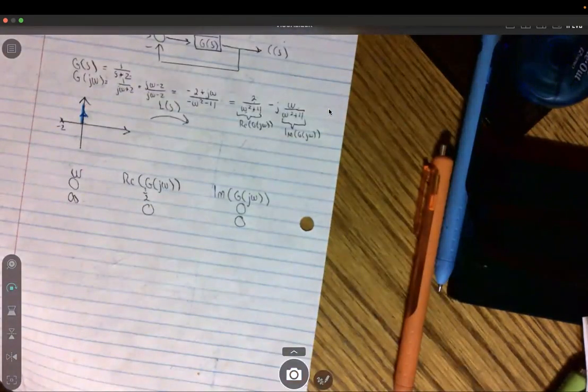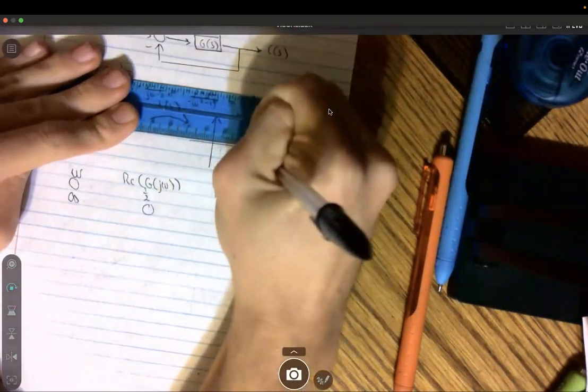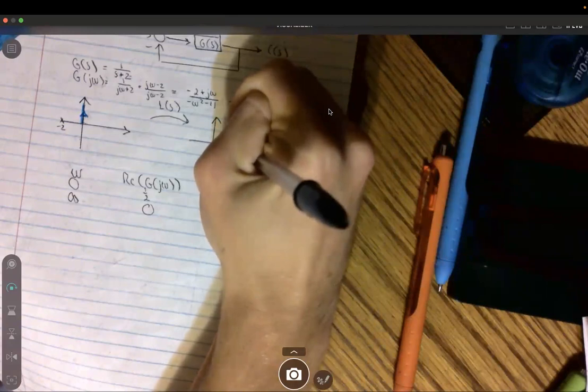And so for the first one, when you go from 0 to infinity, on our plot, when we're at omega 0, we have 1/2, 0.